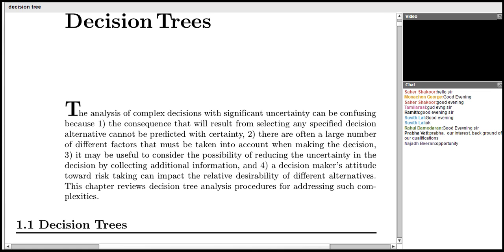Okay, good. Your interest is important. The background of your previous qualification is also important. Nijat says opportunity. That's important because you want to make a choice that has opportunities attached to it. It says career. Yeah, it's a career choice. You want to grow in your career and you're looking for a particular subject or course that is going to help you in your career, or that is career oriented.